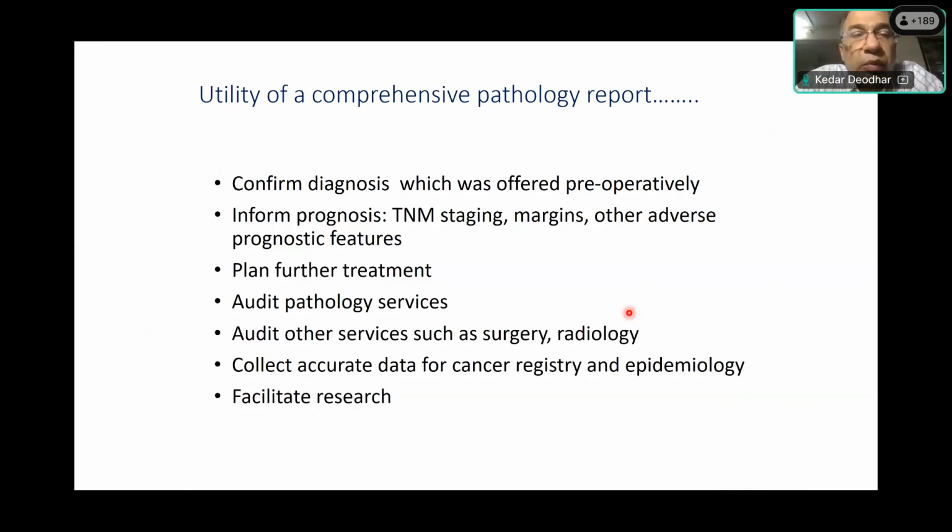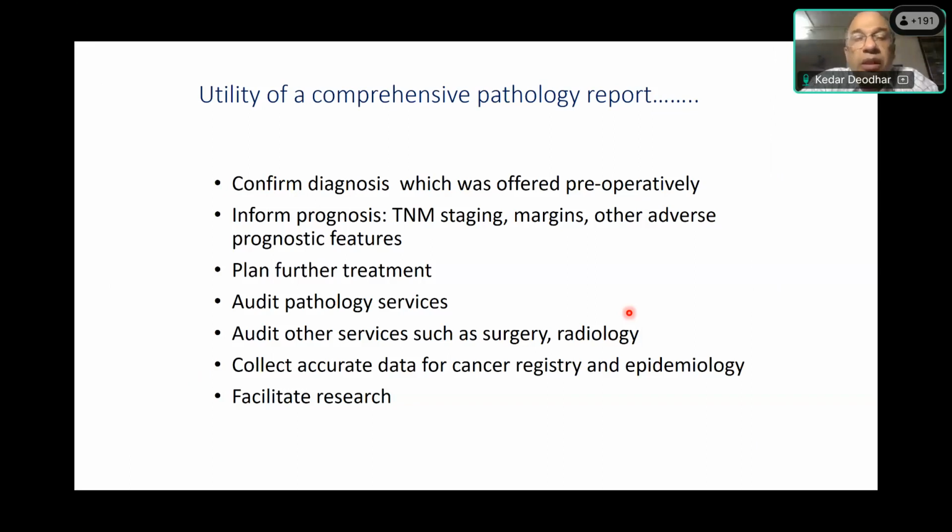Basically, what we are looking for is a comprehensive pathology report when we are looking at a specimen which is resected for cancer. We want to confirm the cancer diagnosis which was offered preoperatively. We inform the prognosis by getting the TNM stage, and all our grossing techniques and guidelines are basically in order to give as accurate a TNM staging as possible.